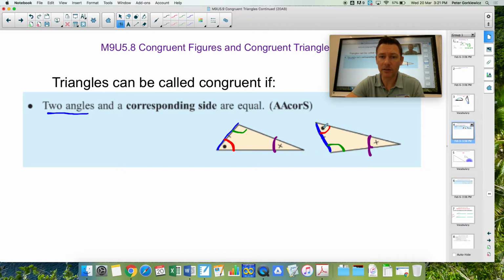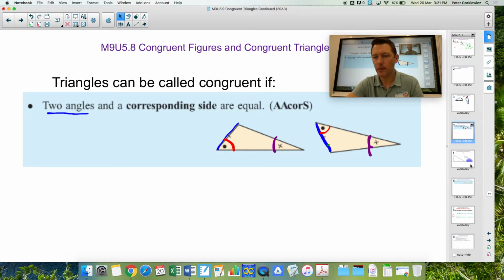So if green plus red minus 180 equals this x, then the same will happen here. And so once you know two angles, you know all the angles. And so really we just need to know two of the angles and the side in common, the corresponding side.